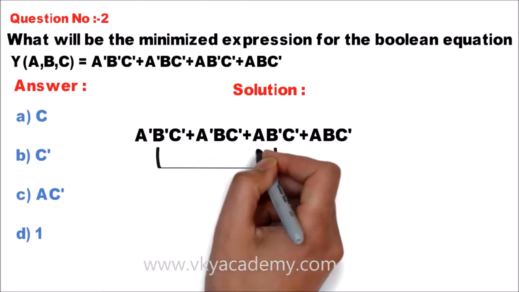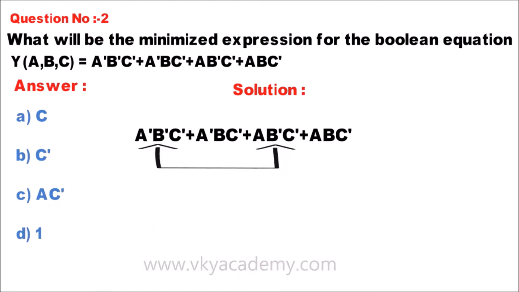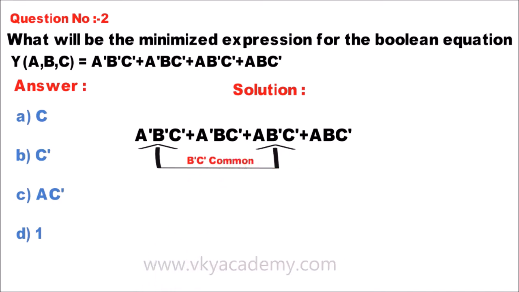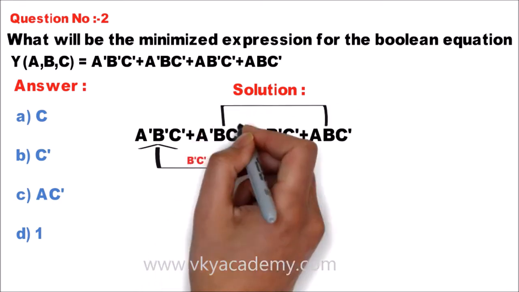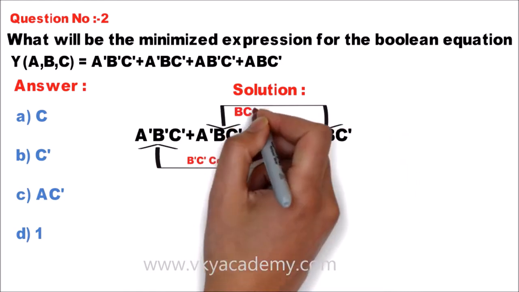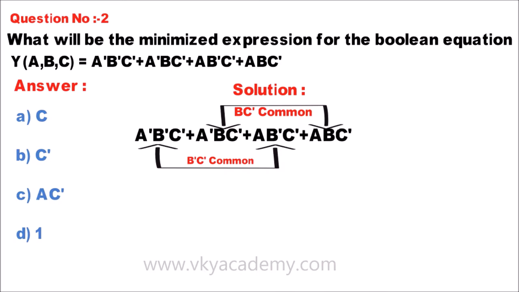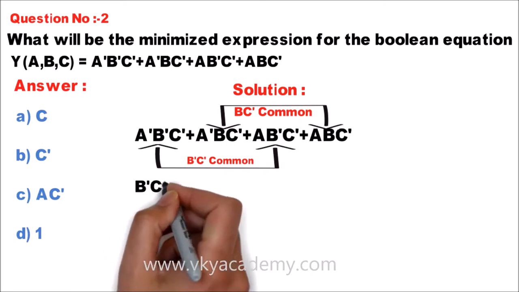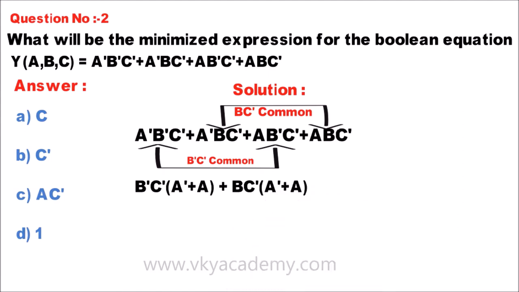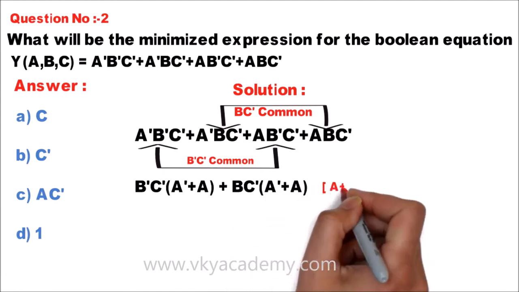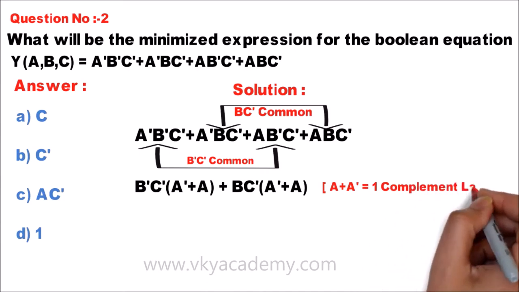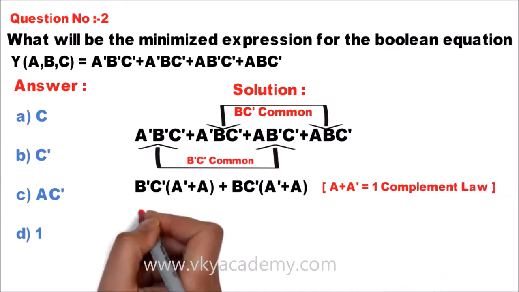Now from the first and third term you can take b complement c complement common, and from the second and fourth term you can take b c complement common. The next statement will be b bar c bar (a bar plus a) plus b c bar (a bar plus a), and we know a plus a bar is always equal to 1 according to the complement law.